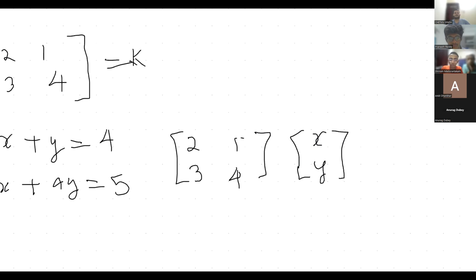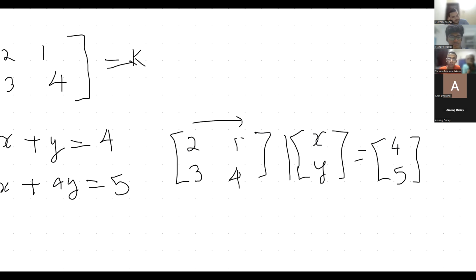So we have a 2 cross 2 matrix and one 2 cross 1 matrix. If we multiply these two matrices, we will get that equation, right? So 2x plus y and 3x plus 4y. If we multiply these, we will get the equations that we had.